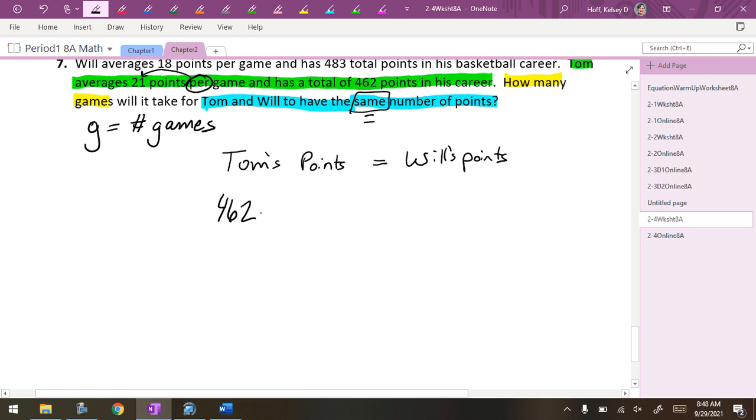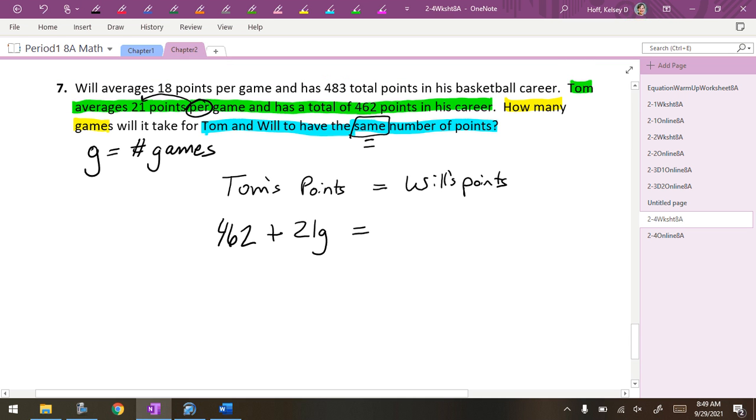The next time Tom plays a game of basketball, will his points go up or down? Up. So we're going to add 21G, 21 points per game. This is how many points he started with, and his points go up the next time he plays a game.